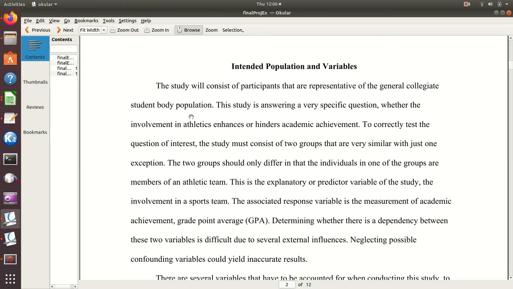Not so sure. Okay, so I think they've got a little bit of a problem there with what population they think they're working with versus what population they really are talking about working with.